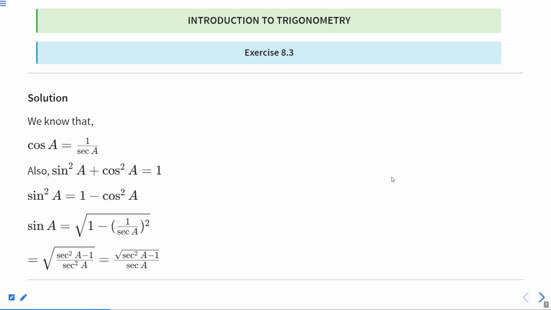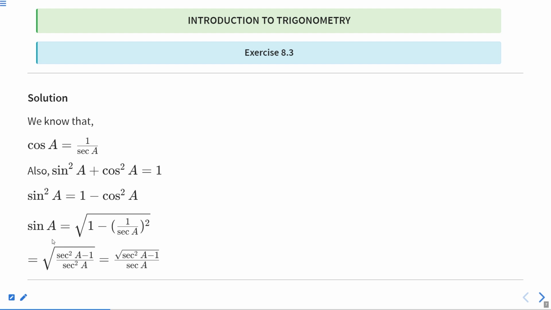From this identity we get sin square A is equal to 1 minus cos square A. It implies sin A is equal to square root of 1 minus cos square A, and we know cos A is equal to 1 by sec A, so this is equal to square root of 1 minus (1 by sec A) whole square.